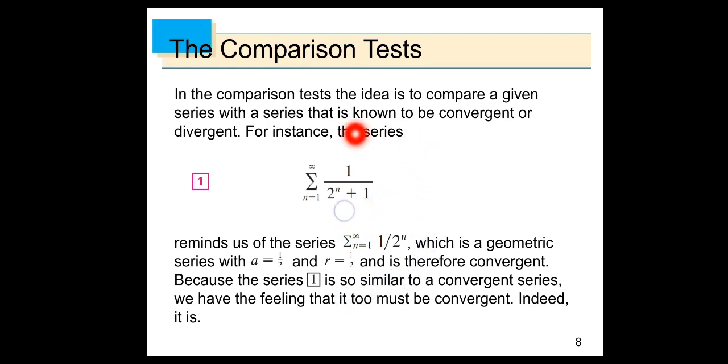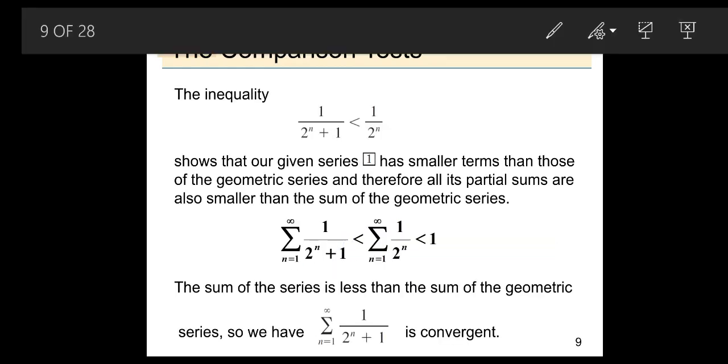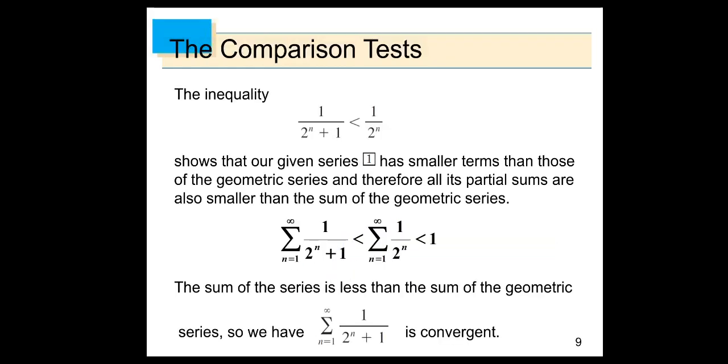After that we'll be able to compare these two series and say whether it is convergent or divergent. In the comparison test, the idea is to compare a given series with a series that is known to be convergent or divergent. We have to have this a sub n, and later we'll find b sub n with the help of a sub n.